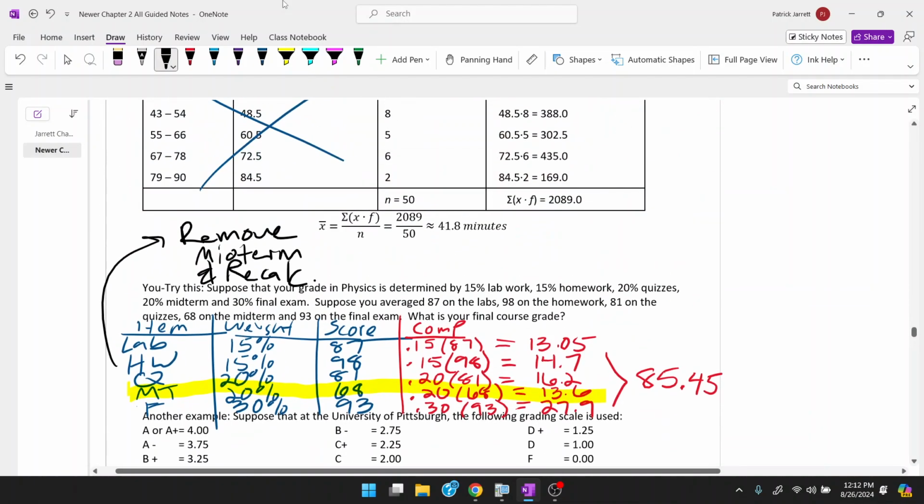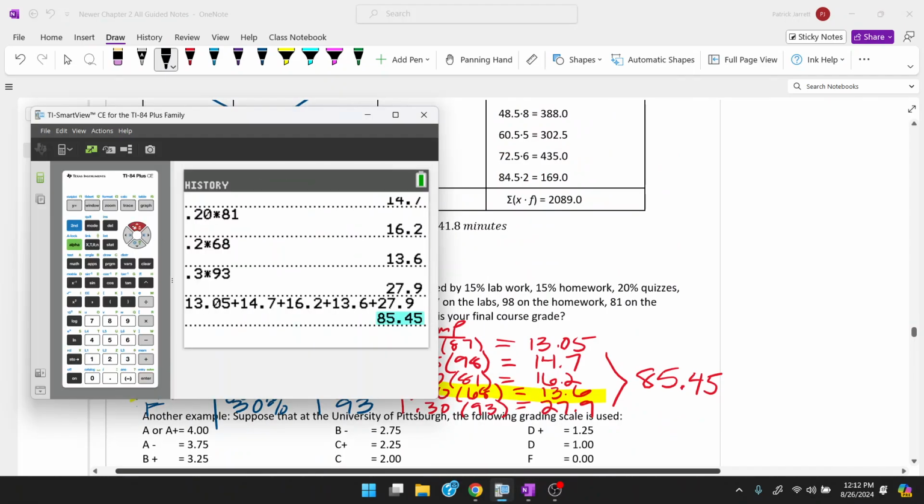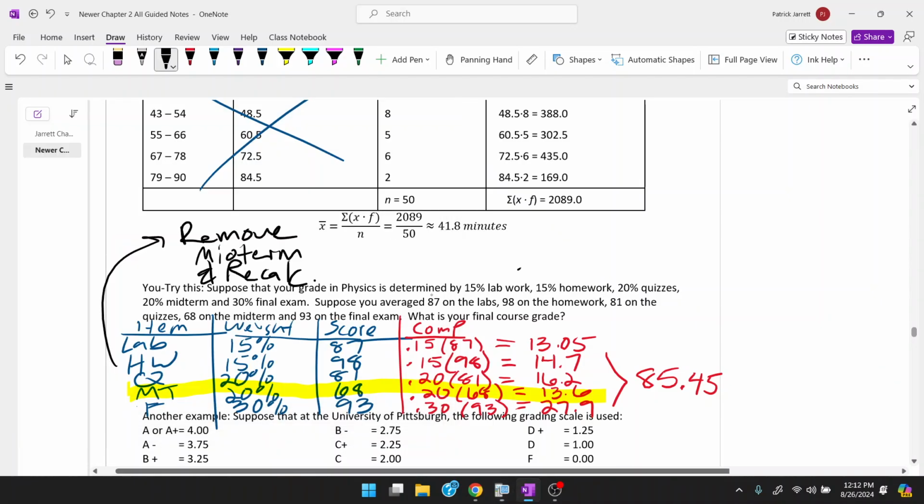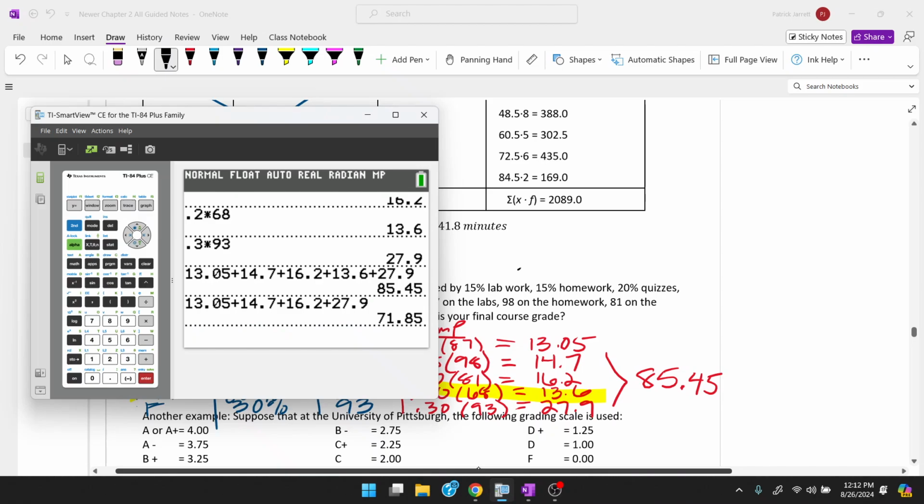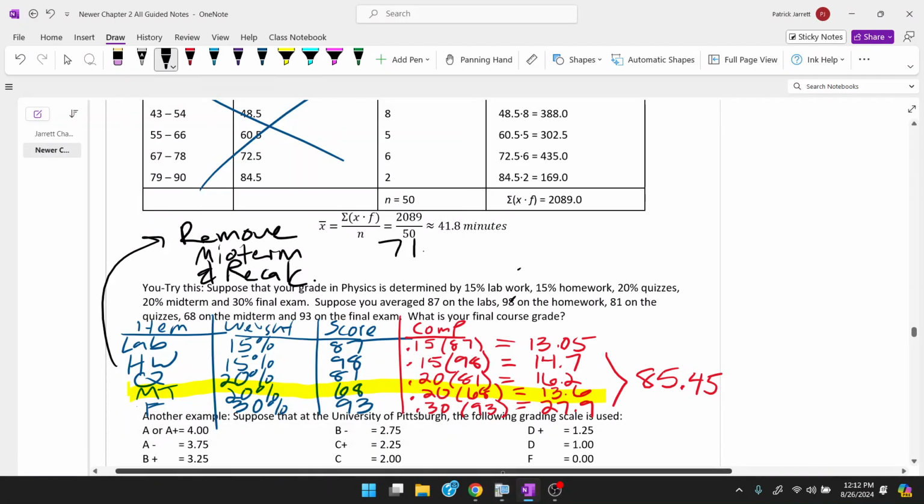If we removed the midterm, I could literally just retype this without 13.6, or I could have subtracted 13.6 and I would have gotten 71.85, and without the midterm, what is the total weight? 80%.